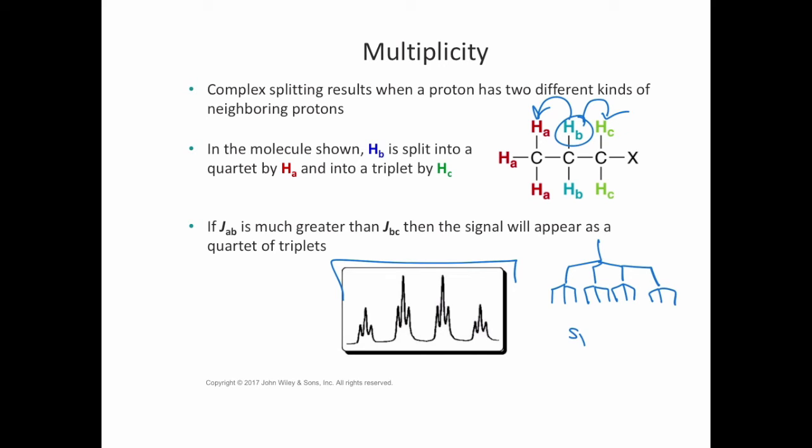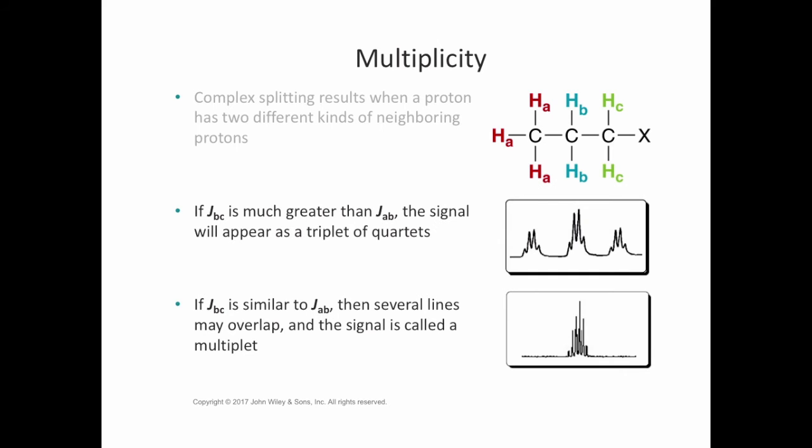And this is called a splitting tree, which is used to determine what the complex splitting patterns will look like. And this is an example where the JAB coupling constant is greater than the JBC coupling constant. Now, if the reverse were true, if JBC was greater than JAB, the signal would appear instead as a triplet of quartets.